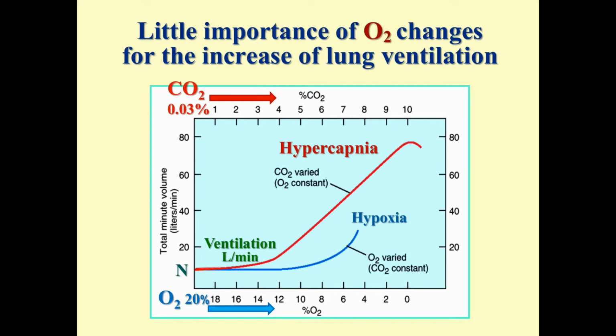And you see, the ventilation starts to grow upward, and finally it reaches a value 8 times higher than initial. Serious growth of ventilation starts at a value of about 3% CO2, which is of course high enough. But after this, the line goes up and up very quickly. So hypercapnia produces a great increase in lung ventilation.